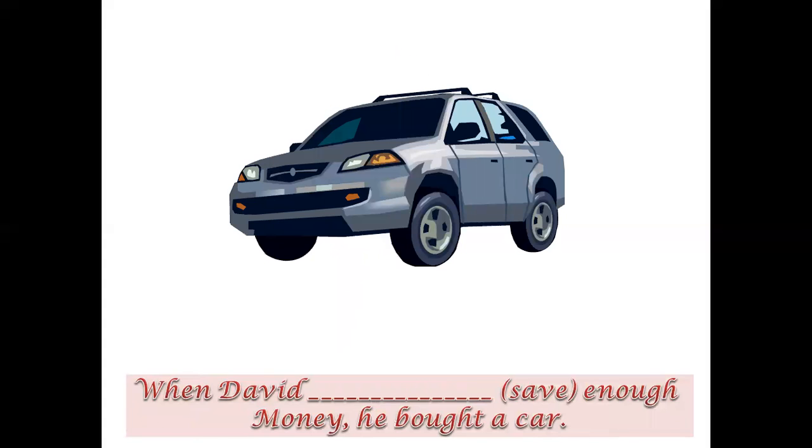When David saved enough money, he bought a car. هنا David was able to buy a car because of the action of saving money or because of the duration of saving money? Because of the action. لمجرد إن هو حوش فلوس فقدر يشتري عربية.